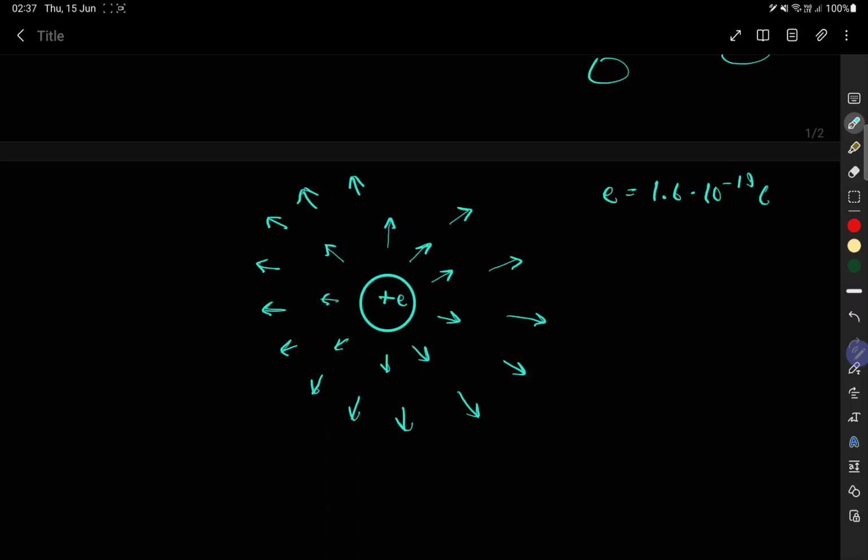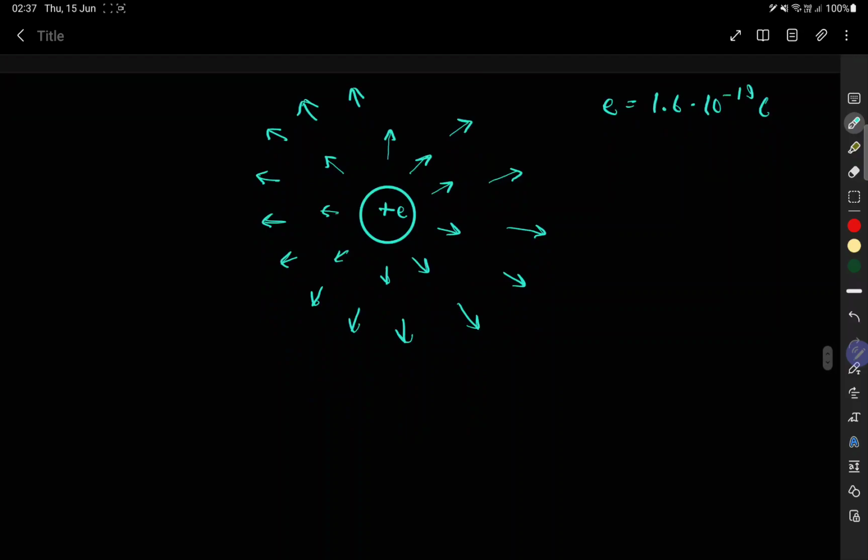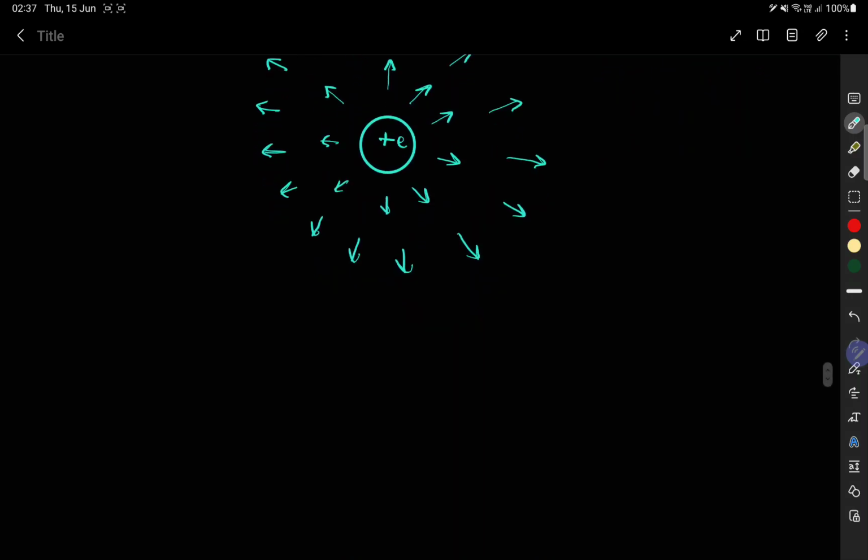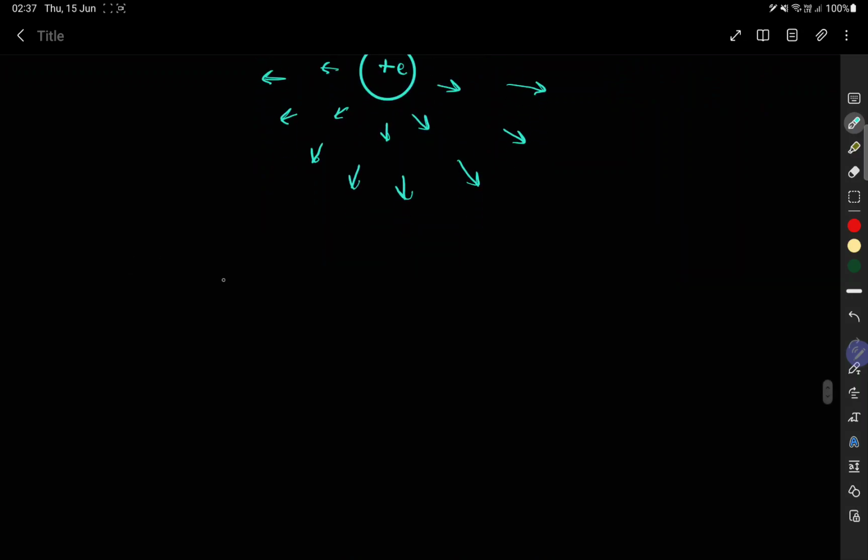So this is kind of the concept behind the electric field vector, that it represents the force experienced by each unit charge around or within the vicinity of a given network of charges. Okay, now let's say you have a plate, correct? I'll draw a better plate really quickly.